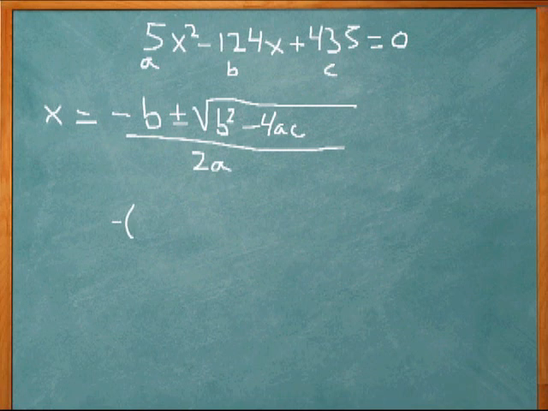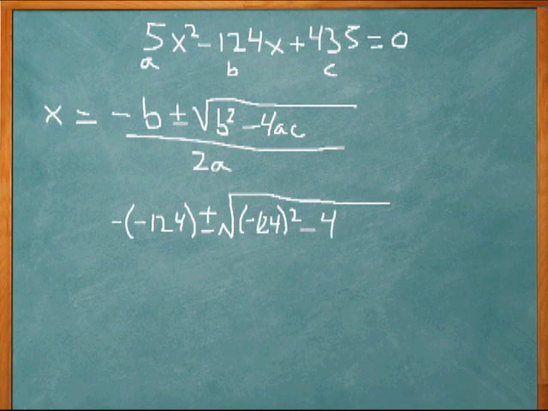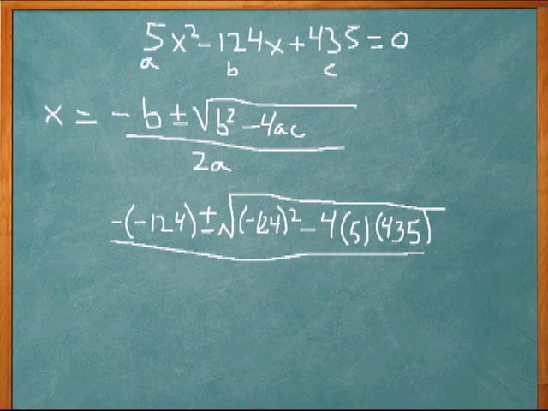Alright, so that's going to give us a negative negative 124 plus or minus the square root of negative 124 squared minus 4 times 5 times 435, all over 2 times 5.